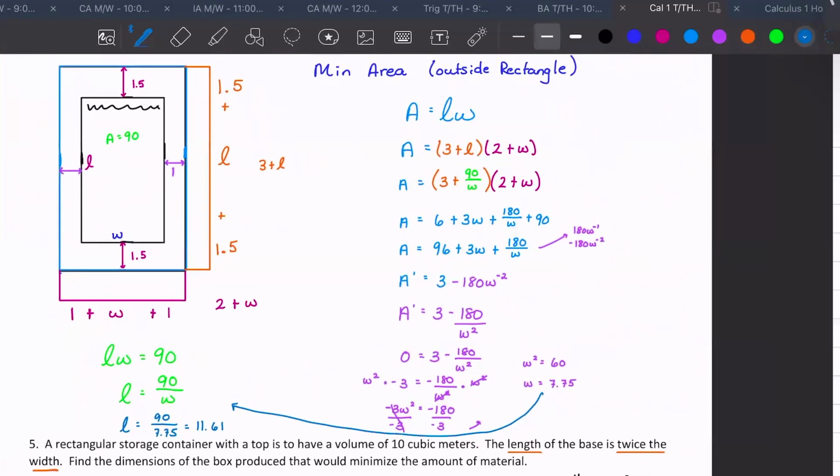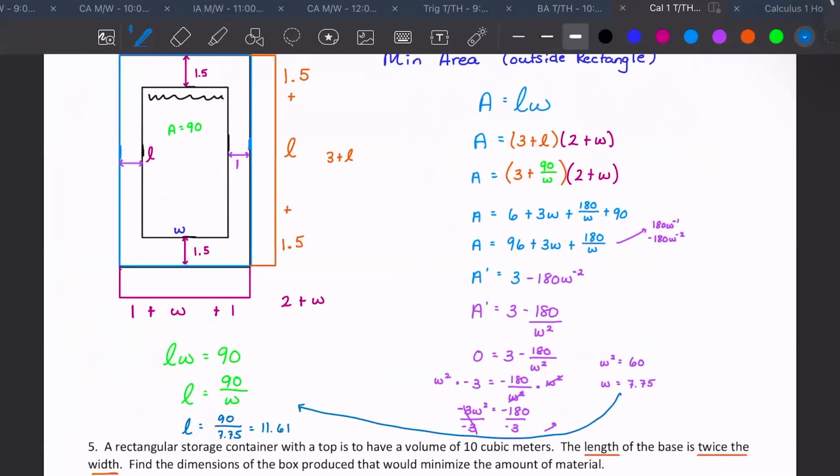So my dimensions should be 7.75 inches by 11.61 inches. That should be the dimensions of your paper.